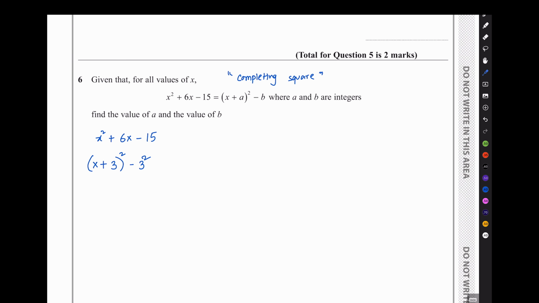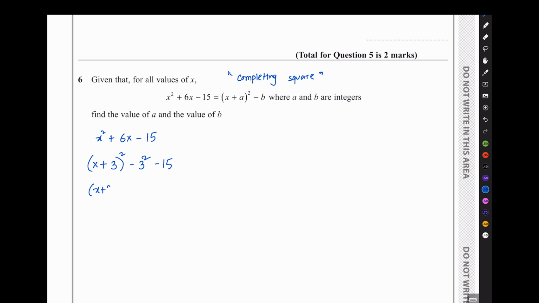So 6 divided by 2 gives me 3. Then square the entire thing, and subtract the square of this number. It was 3 here, so I'm subtracting 3 squared. Also, we had a minus 15, so I'm going to write it right here. And that's pretty much it.